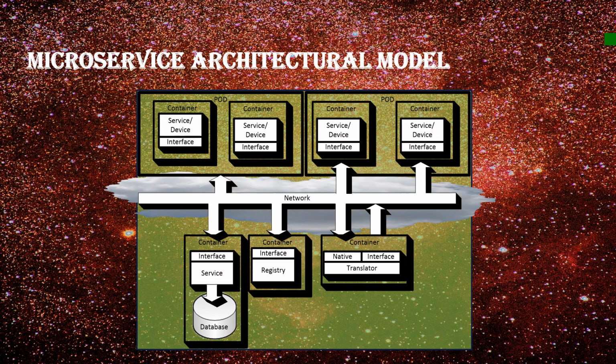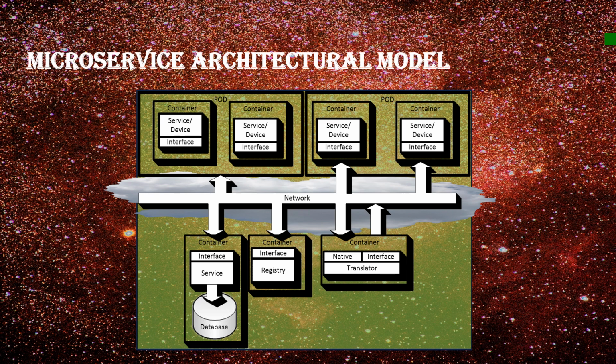You can put multiple pods out there. You connect them through a network. Again, you can have a container around your database, so you can do your CRUD access to your database through a standardized interface, and then the database itself can be located anywhere. The registry is the key component for finding whichever pod or whichever container has the services you need to perform with.